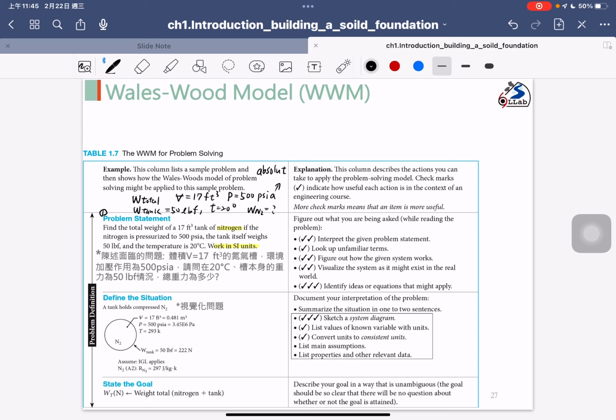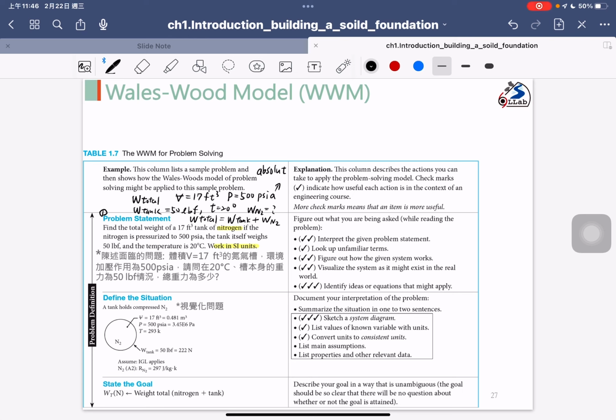This I didn't know. And if I know the nitrogen weight, then the total weight will equal the weight of the tank plus the weight of the nitrogen, right? So this is our problem.